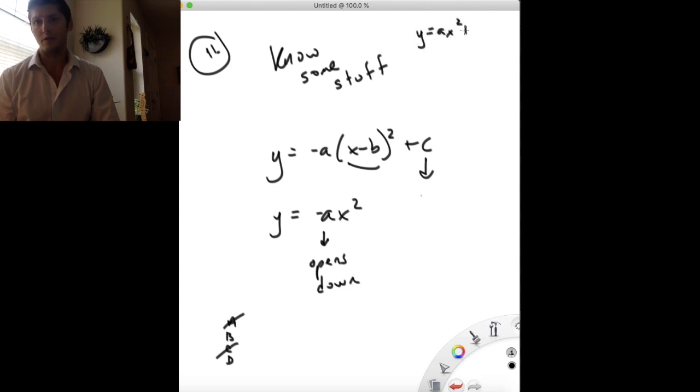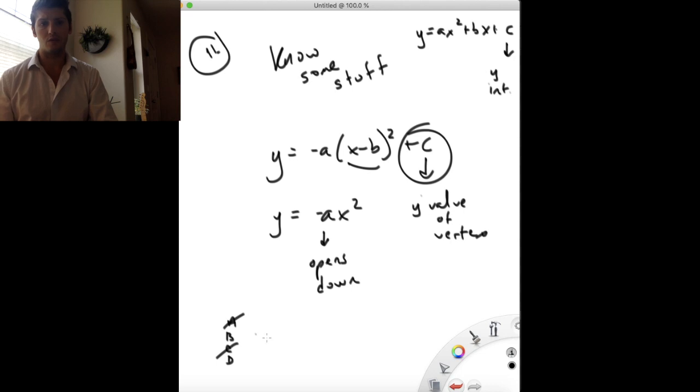If you had what's called standard form, you have ax squared plus bx plus c. This is the y-intercept now, the c. Down here, this is the y value of the vertex. So that's two different things. But either way, it's a positive C.